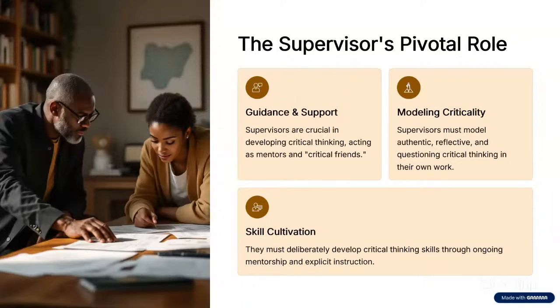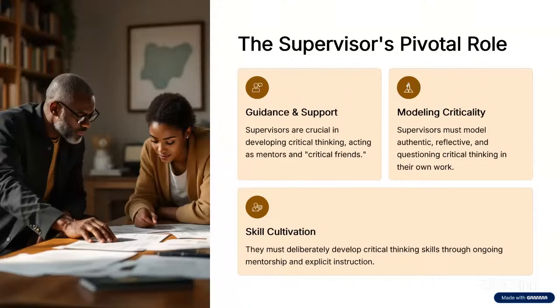Okay, because if the supervisor is not questioning whatever you are bringing and is just approving, good to go, good to go, good to go, this in itself will defeat the purpose of having the supervisor and the role of the supervisor in supporting the cultivation of critical thinking skills that we are looking at as far as this model is concerned.